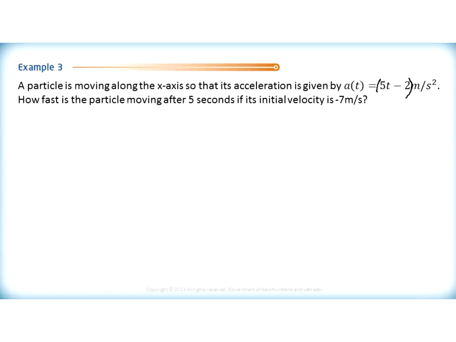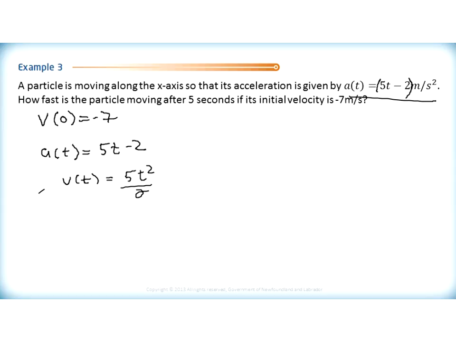Okay, so the initial condition, they tell us, is that we start off moving at -7 meters per second. And then from our acceleration function over here, we just anti-differentiate. So acceleration was 5t minus 2, which means that our velocity function, v of t, is going to be 5t squared on 2 minus 2t plus an arbitrary constant, c.